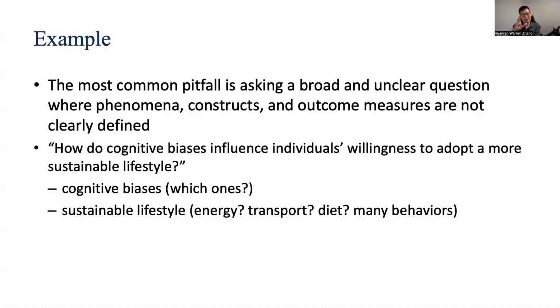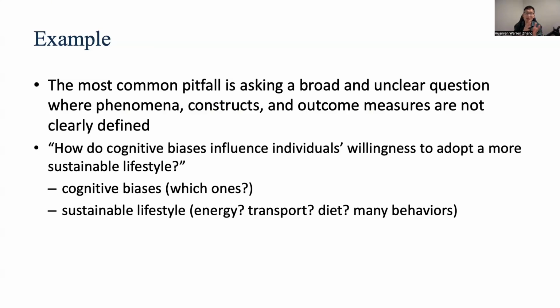You can understand more or less what the author may be planning to do, but you definitely don't know exactly what the design or the data collection would be. Because here we have concepts that are too broad so that it's not clear what the researchers is trying to do exactly, right?